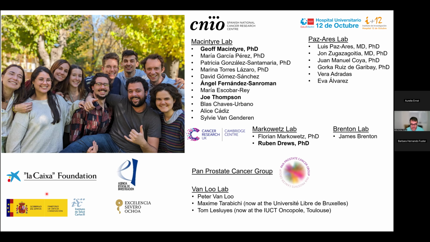But of course, I think all of the CIN community is working on intratumor heterogeneity and on dissecting those processes that are ongoing in a tumor.